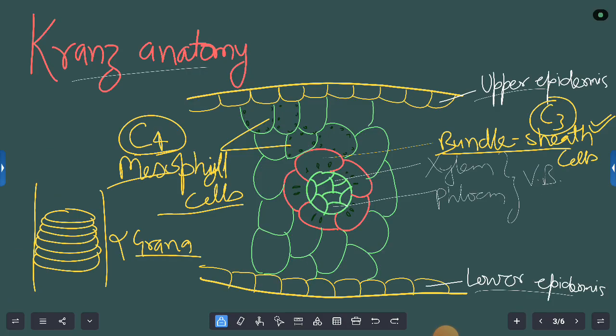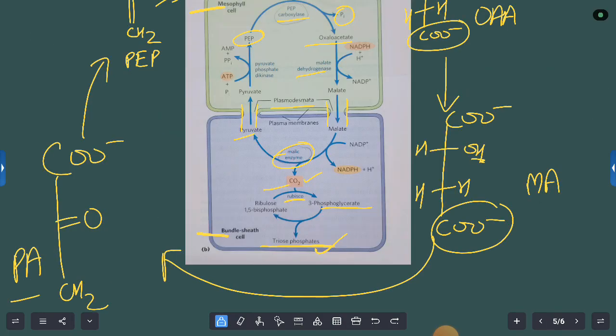So in overview, what we have seen is that in the C4 cycle, phosphoenol pyruvate is the acceptor of carbon dioxide, not RuBP as in the case of the C3 cycle.